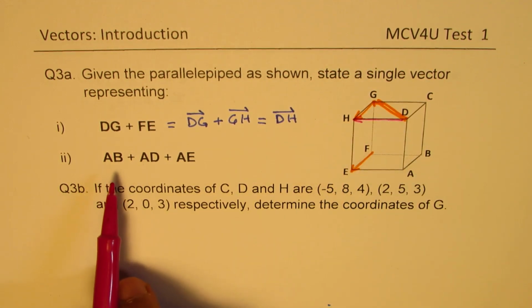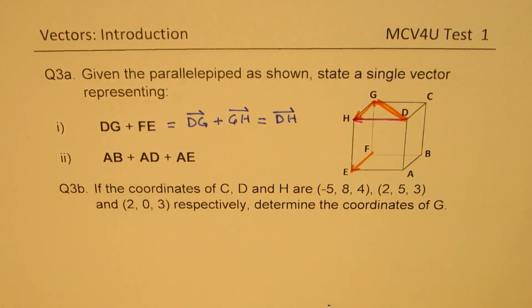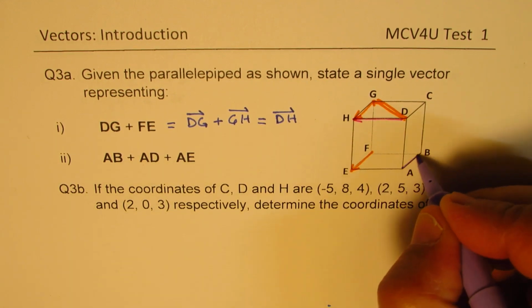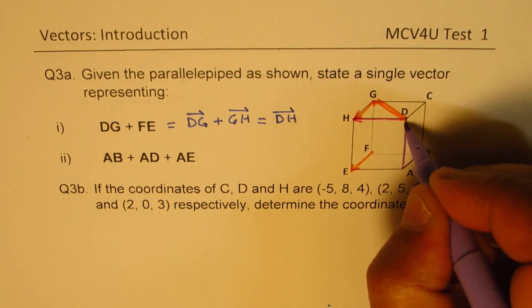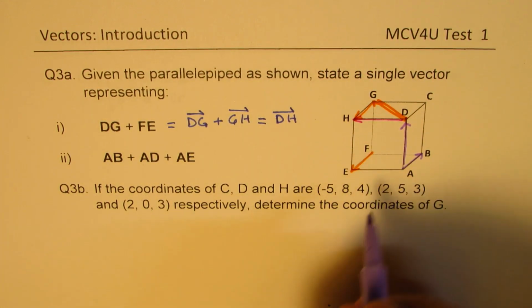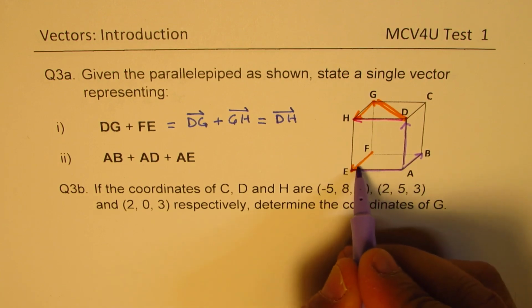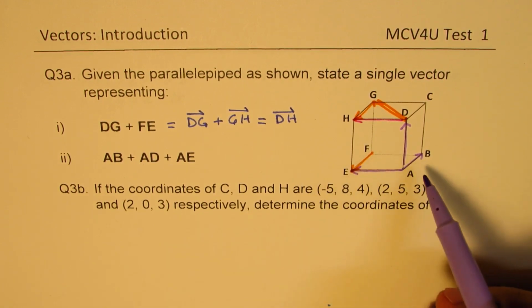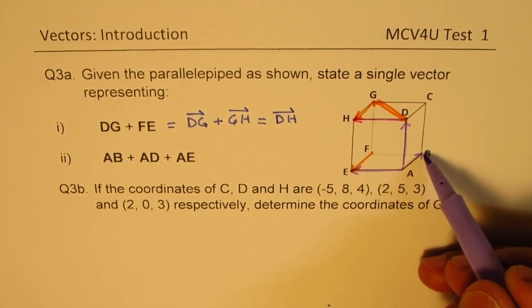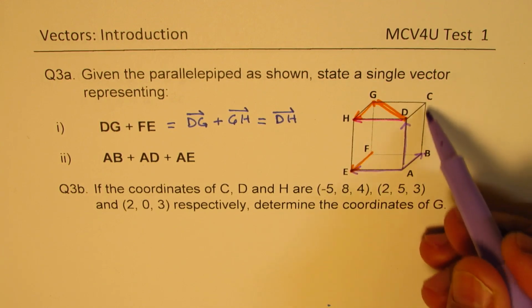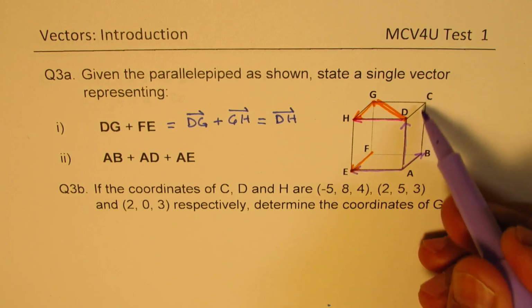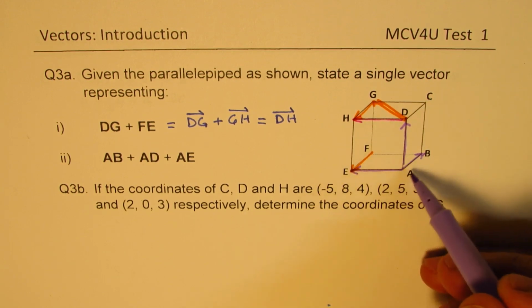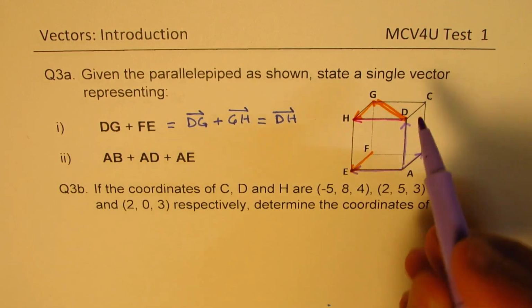Correct? The second one here is relating AB, AD, and AE, relating these three, correct? So we could go like this, AB, this is parallel, so this side is equal and parallel, so it will be BC, and then from C, we are going in this direction, G, right?